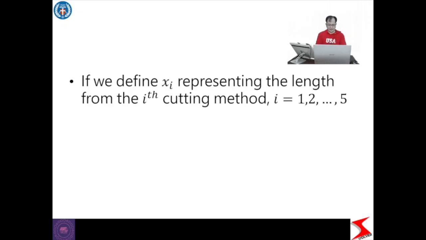Okay, so we can define Xi representing the length from the i-th cutting method. So the decision is we try to determine the cutting methods. In total there are 5 cutting methods to fulfill the specs of the customer demand.